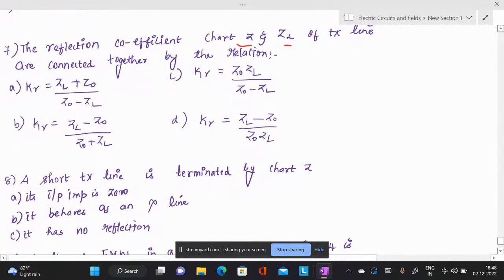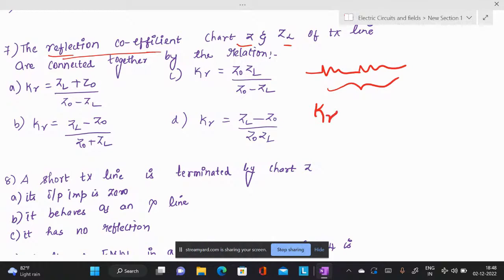சரிங்களா? ஸோ இதுக்கு ஒரு சார்ட் இருக்கும். அதை வந்து என்ன சொல்லுவோம்னா சார்ட் இம்பிடன்ஸ்னு சொல்லுவோம். ஸோ ஹியர் if two transmission line are connected together, then the relationship for reflection coefficient என்ன அப்படின்னு கேட்குறாங்க. ஓகே. ஸோ ஹியர் the answer will be usually reflection coefficient-ஐ KR அப்படின்னு represent பண்ணுவாங்க. KR will be equal to load impedance minus chart impedance.